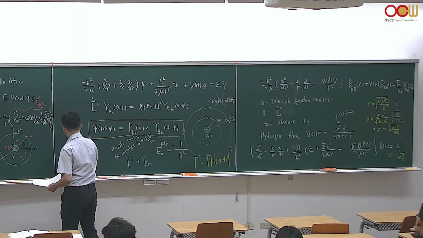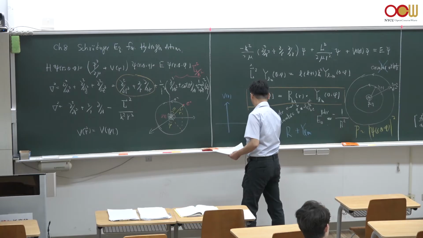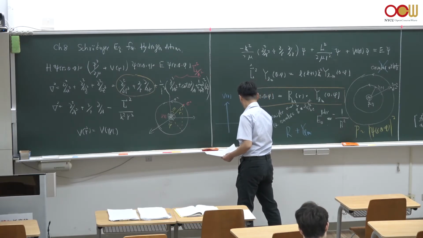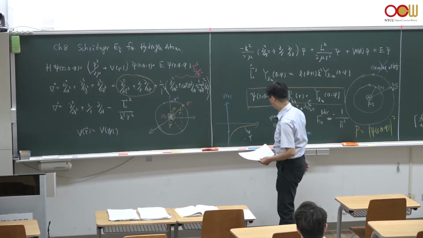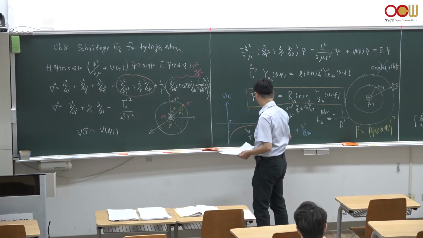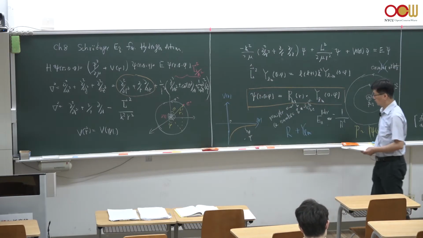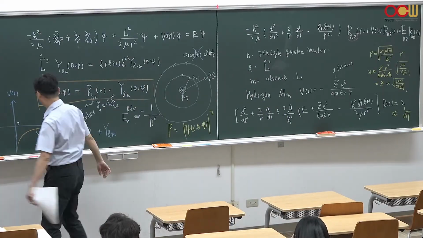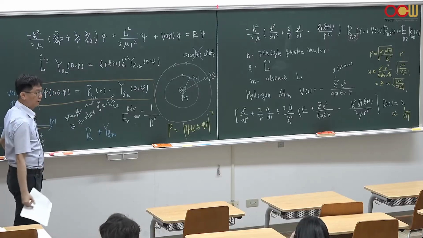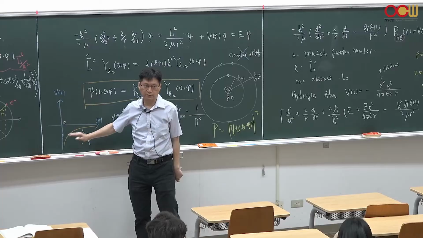If you plot this V of r, you'll find this is negative, showing this minus 1 over r times some prefactor. This is r, the magnitude of the distance. The potential is actually a well. It's a potential well. So from the potential well problem in the previous chapter, you know immediately that you may find a bound state.